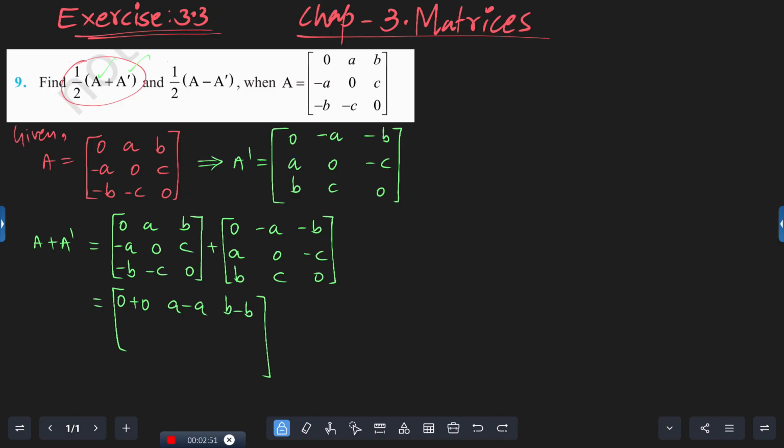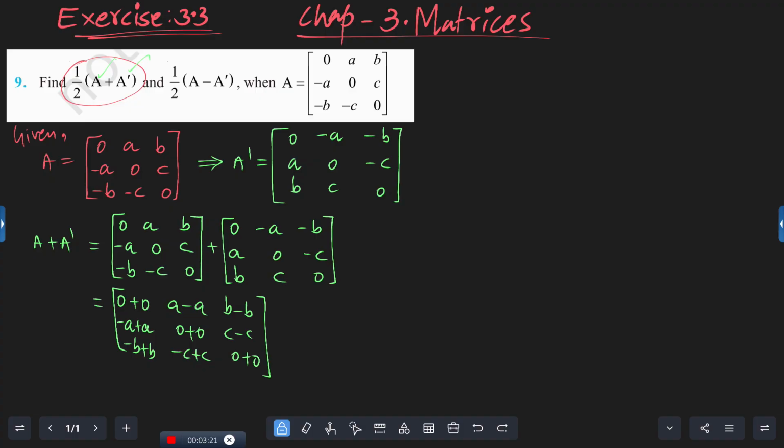Like that, minus a plus a, 0 and 0 you will be getting. c and minus c, minus b plus b, minus c plus c, 0 plus 0.